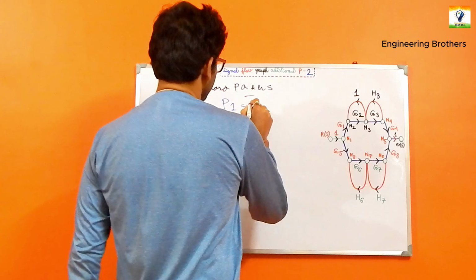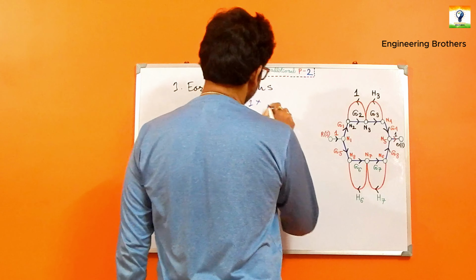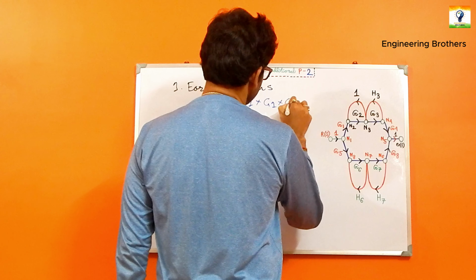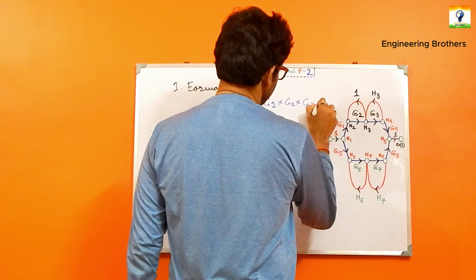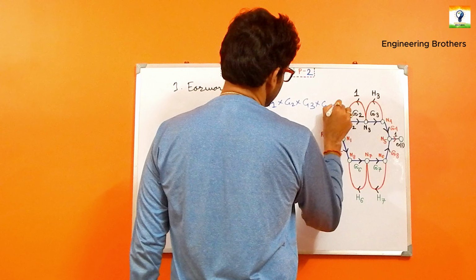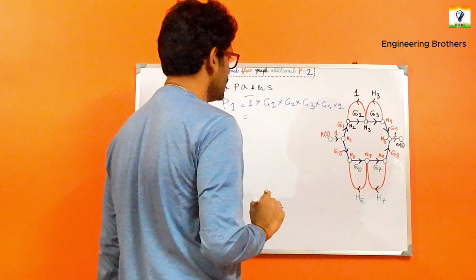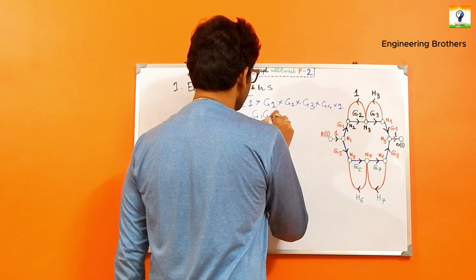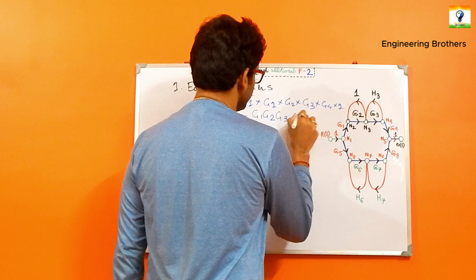The gain for that one will be 1 multiplied by G1 multiplied by G2 multiplied by G3, G4, and once again 1. Now this is the first forward path, and the final value for that one will be G1, G2, G3, G4.